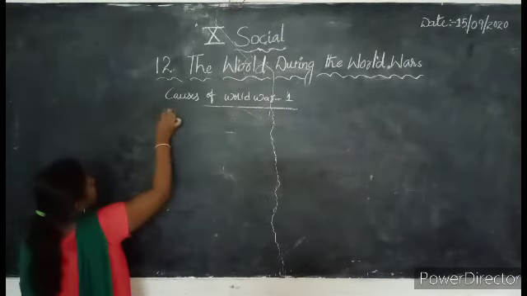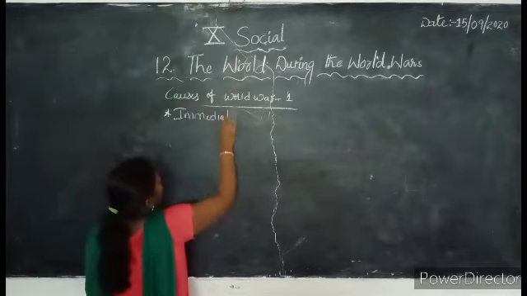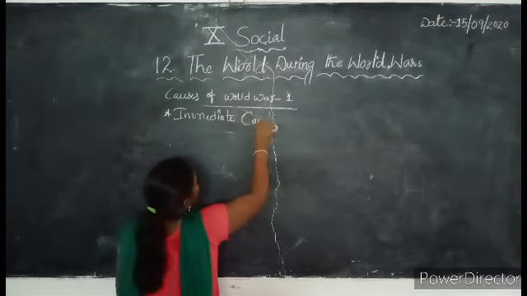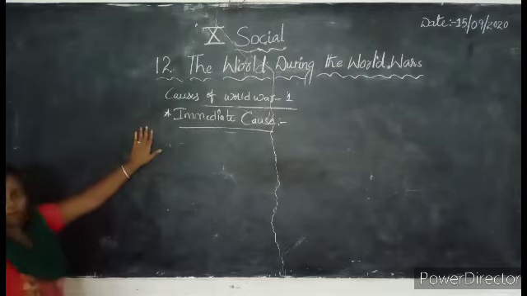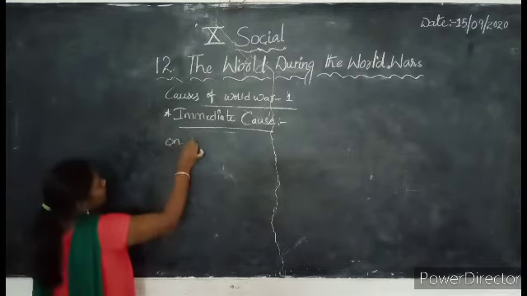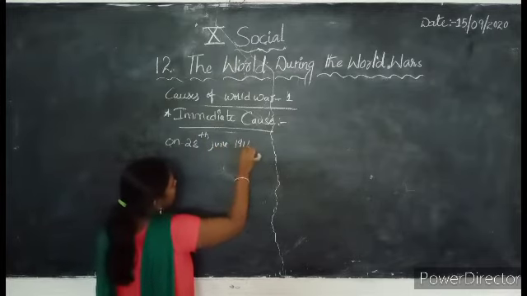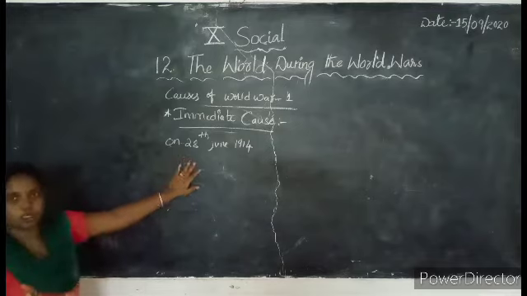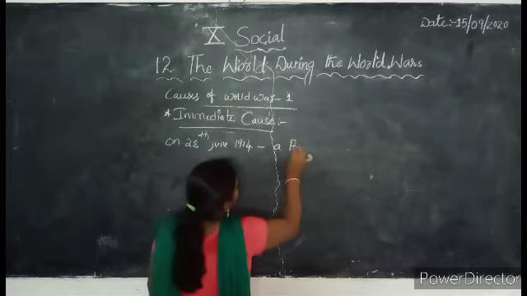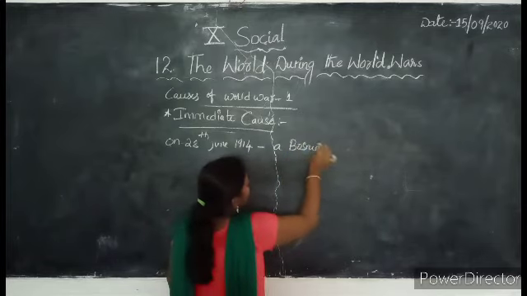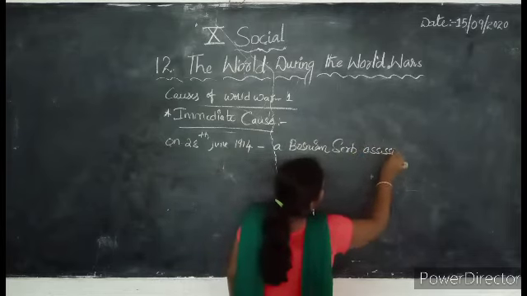Immediate cause. The last one is what? Immediate cause. When, on 20th June 1914, a Bosnian Serb assassinated, yes, assassinated.